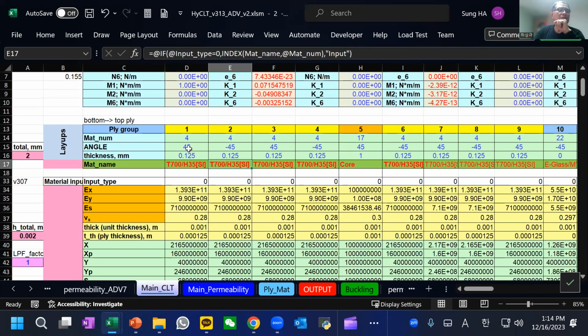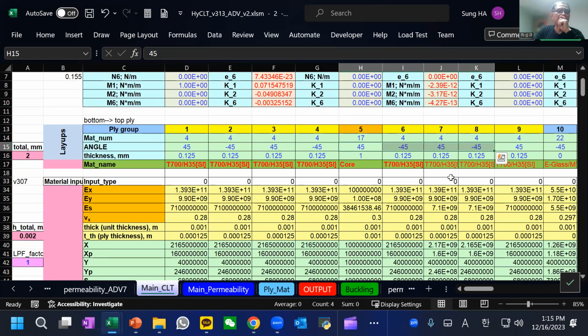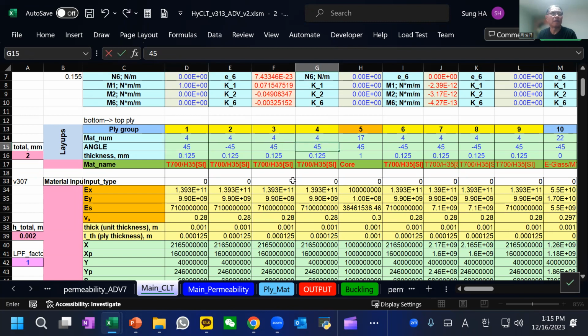The reason is this one is a top skin, and this one is, okay, the bottom skin, and this is the top skin, right? Okay, so let's say, this is a little bit tricky one. 45 minus 45 and 45 and minus 45, and then this can be 45 and then minus 45.